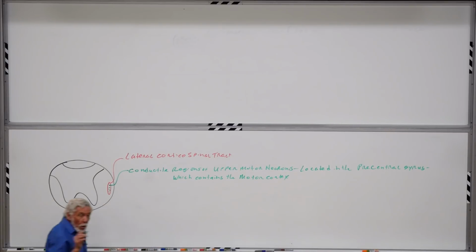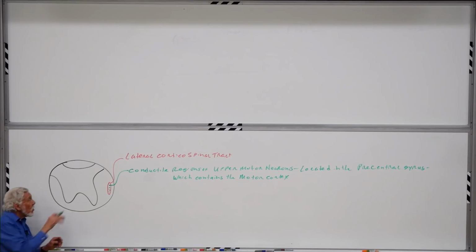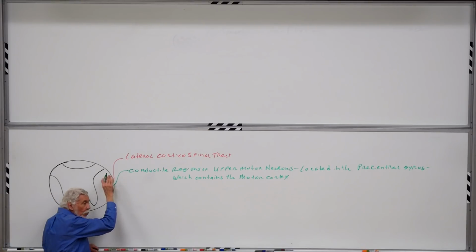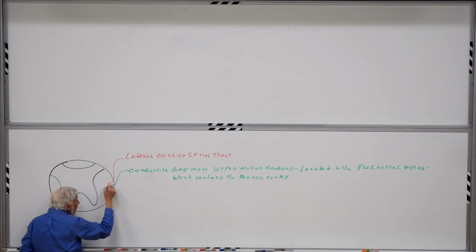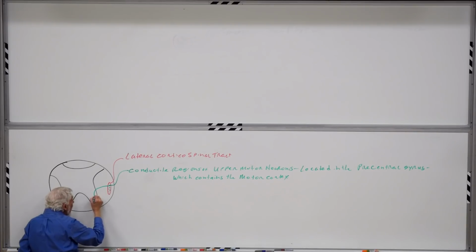So those upper motor neurons, the cell bodies of the upper motor neurons, reside in the precentral gyrus in the motor cortex. They send processes out, and at the appropriate place, these now will leave the lateral corticospinal tract and enter the ventral horn.